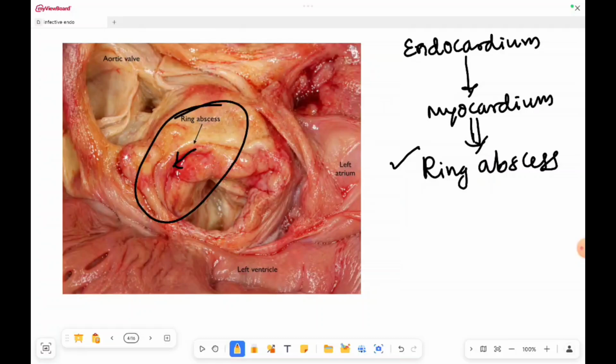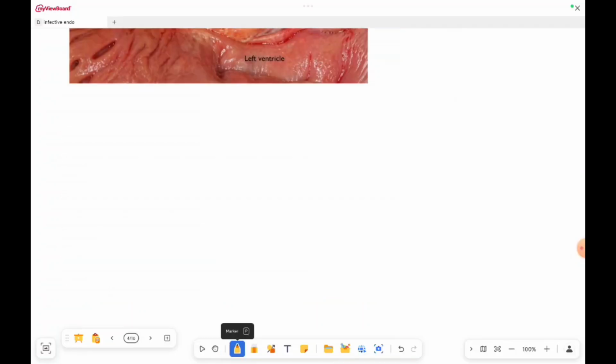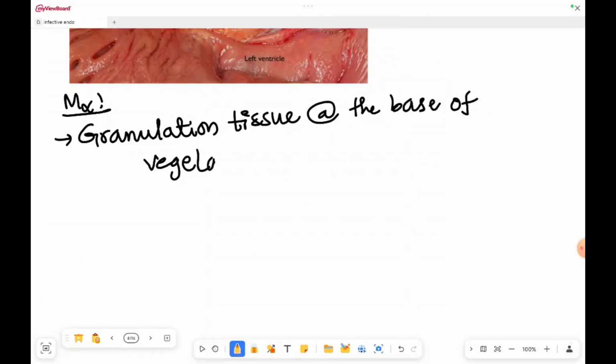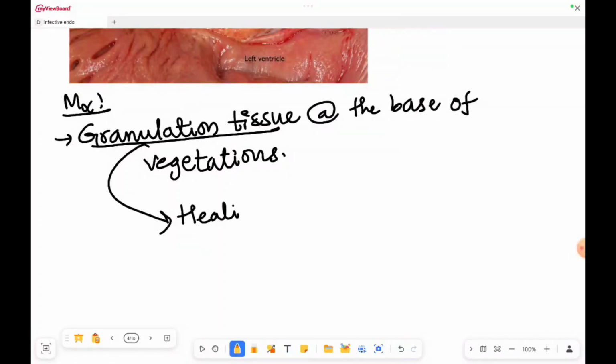And we will see about microscopy. On microscopy we will be able to see granulation tissue at the base of vegetations. Granulation tissue indicates healing response.